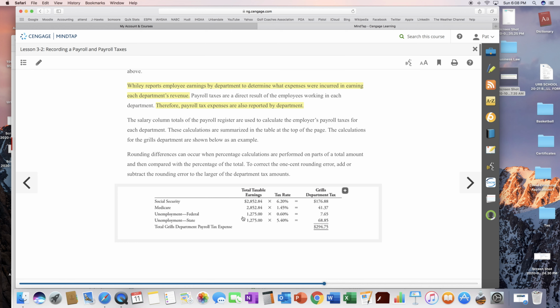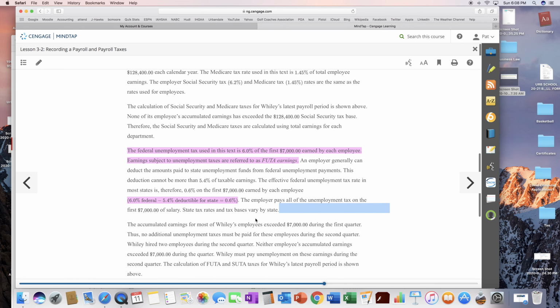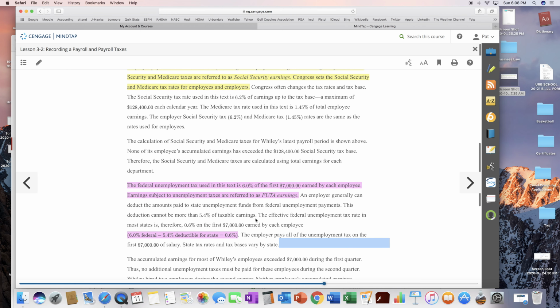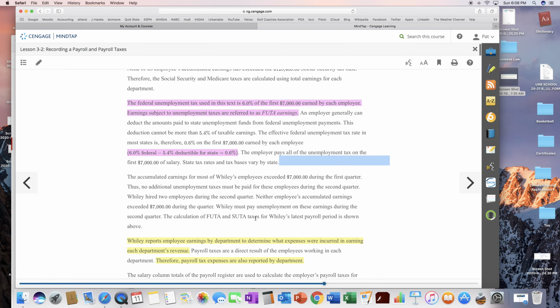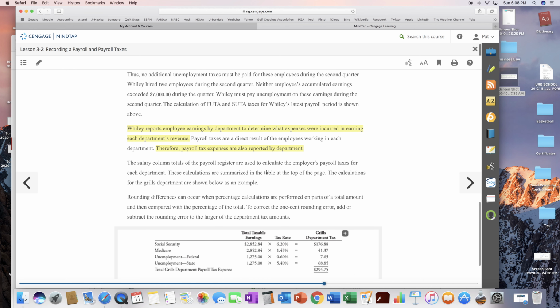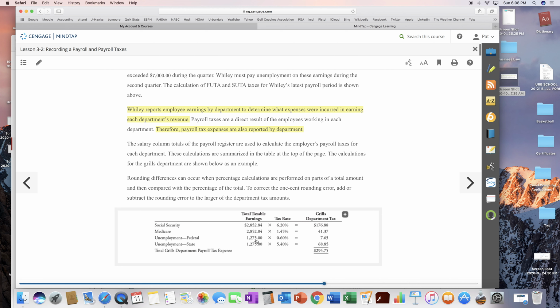The unemployment is based off the total that they tell you about the salary taxed by the FUTA earnings. The federal unemployment taxable earnings isn't everybody. And this department is only going to be worth $1,275 this quarter. So we take it by the 0.6% for federal and the 5.4% for state.